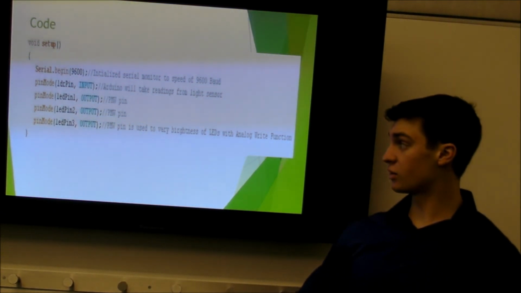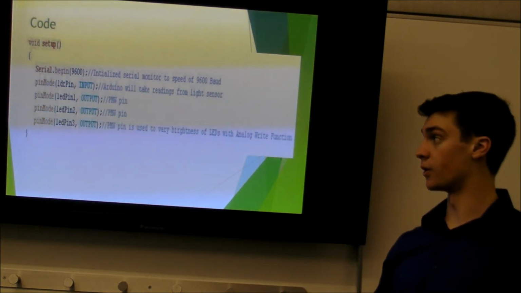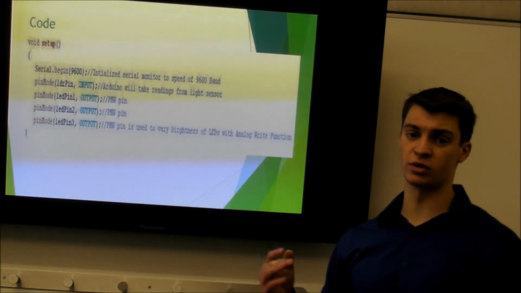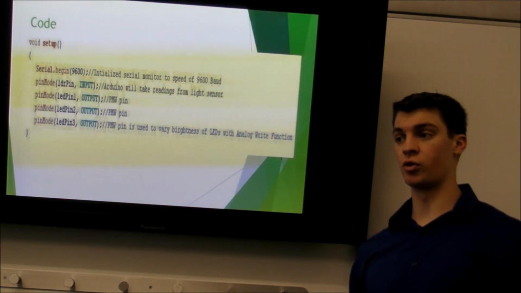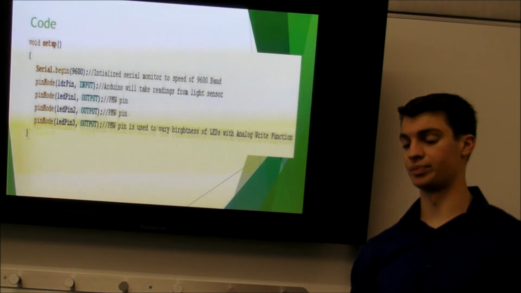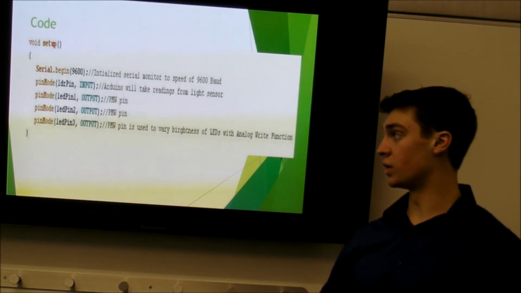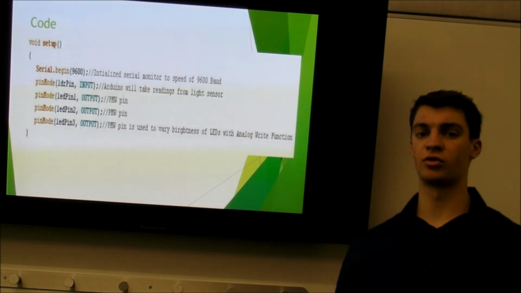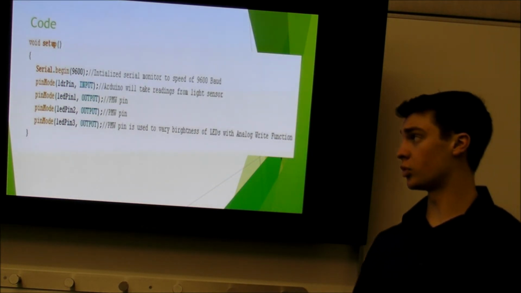And then the next four lines, the pinMode, just declare that the LDR pin, which is the light sensor pin, is the input, so it will be receiving values from the light sensor, which will be transferred to the Arduino, and that the pins for the LEDs are the output.